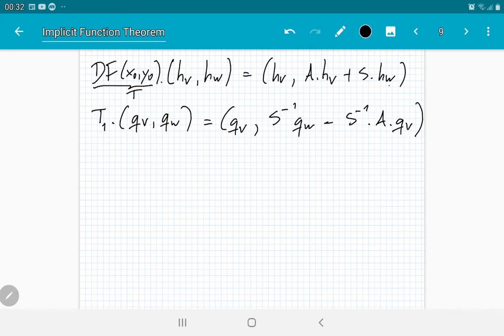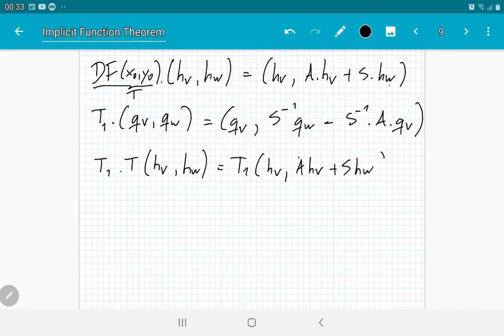So what happens if I apply T1 to T of hv, hw? That's T1 applied to hv, a hv plus s hw. And that's going to be hv, then s inverse applied to a hv plus s hw, minus s inverse a hv, using this formula here.